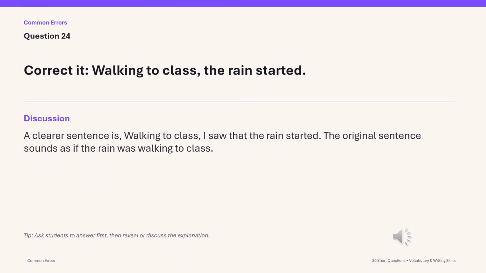Now, when we read it, we find that it is clear that I was walking to the class. Okay, so this is again a case of misplaced modifier. Once again, a reminder is that the modifier should clearly refer to the correct subject.